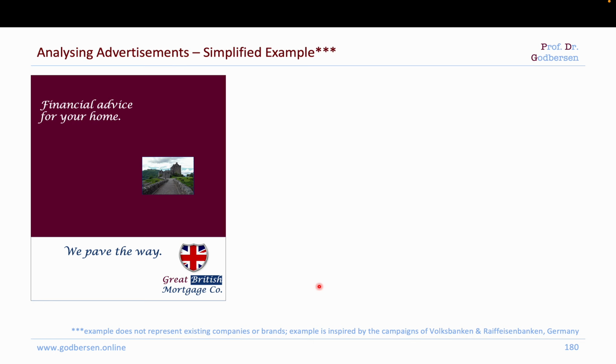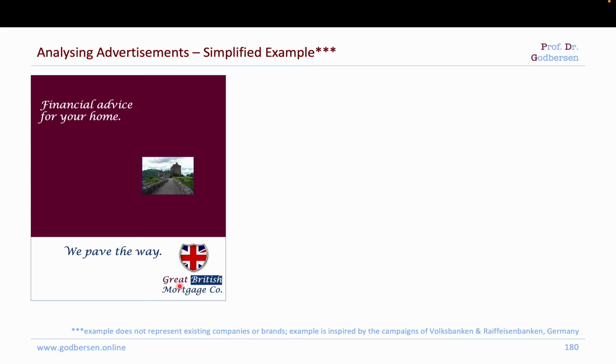Let's assume we have this advertisement. It is a mortgage company, and they have their message as financial advice for your home. They have an image here, a castle with a bridge, a path leading to it. Then they have their slogan, we pave the way. And let's assume the company is called Great British Mortgage Company.